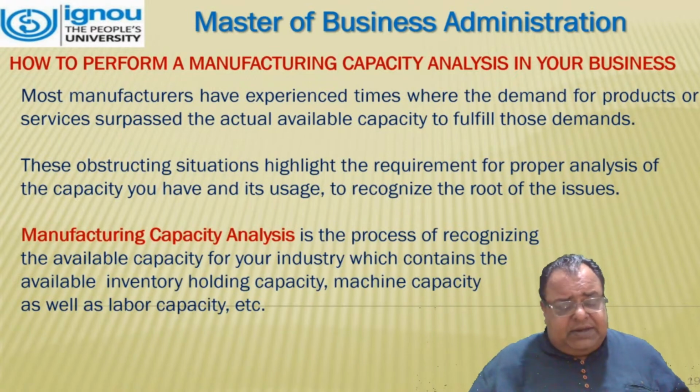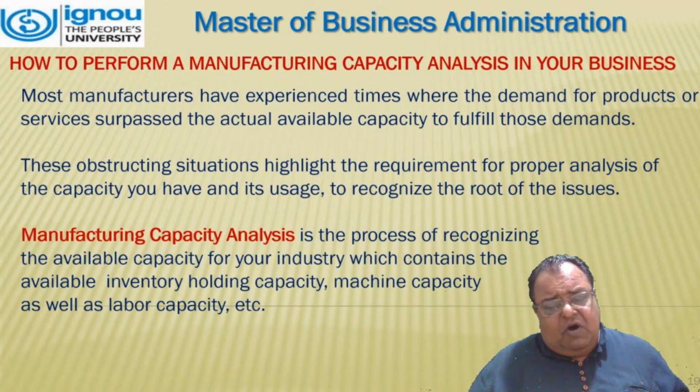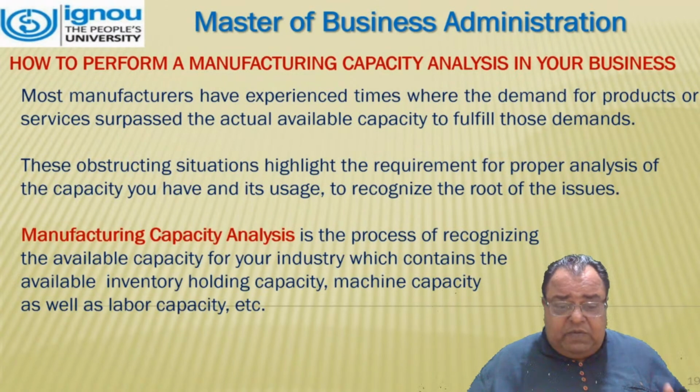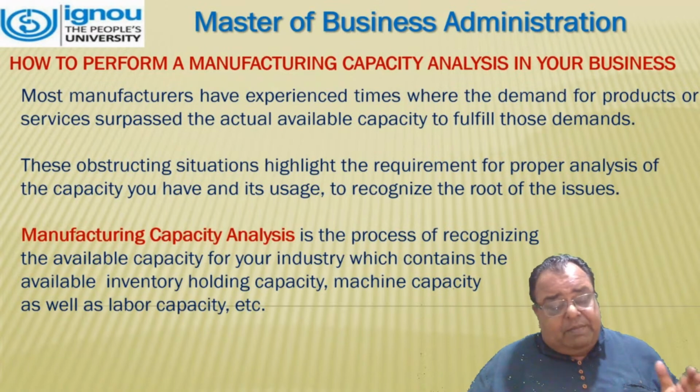Manufacturing capacity analysis is a process of recognizing the available capacity for your industry, which contains the available inventory holding cost, machine capacity, as well as the labor capacity, and many more.